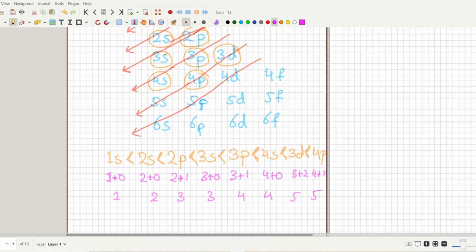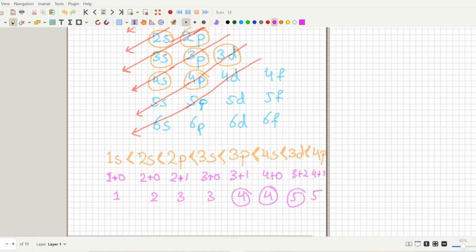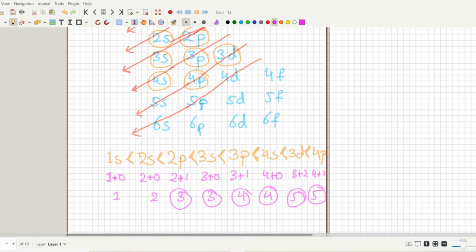The first problem that arises here is that there are some shells that have the same n plus l value, like 4 and 4 and 5 and 5. So if they have the same n plus l value, where would the electron go? They also had 3 and 3. We know that the electron will go towards the shell which has the lower n plus l value, and then towards the one that has a higher n plus l value.